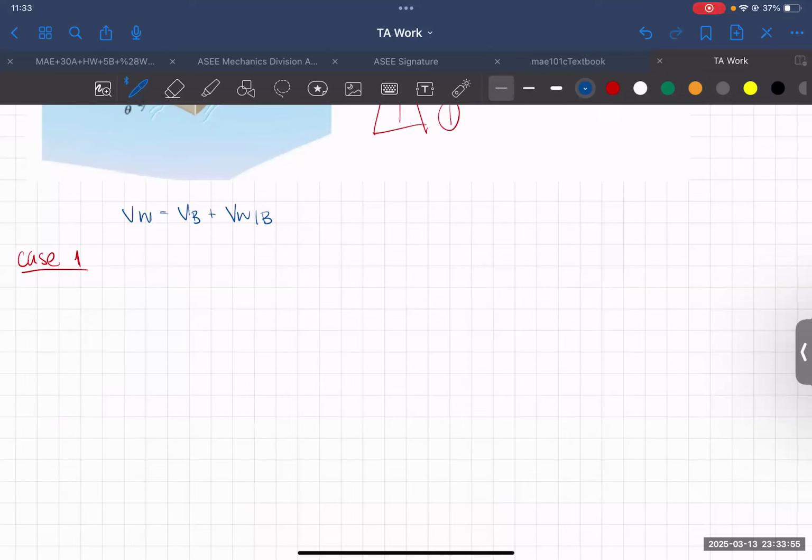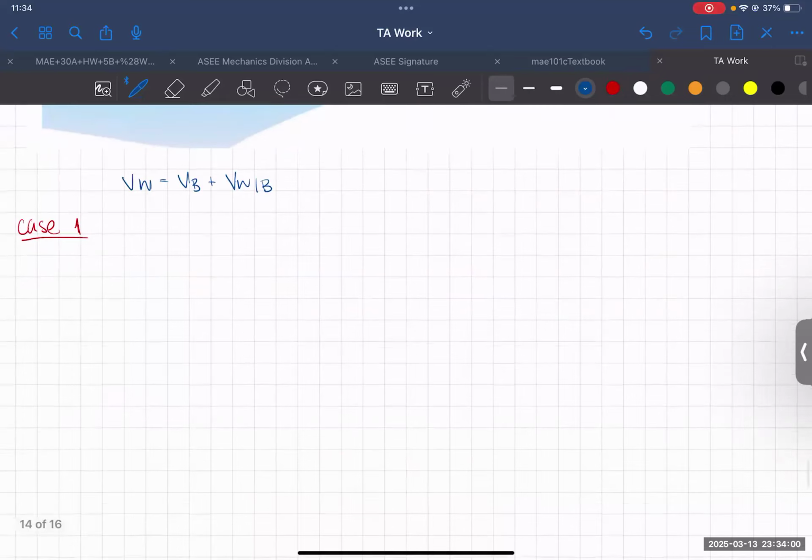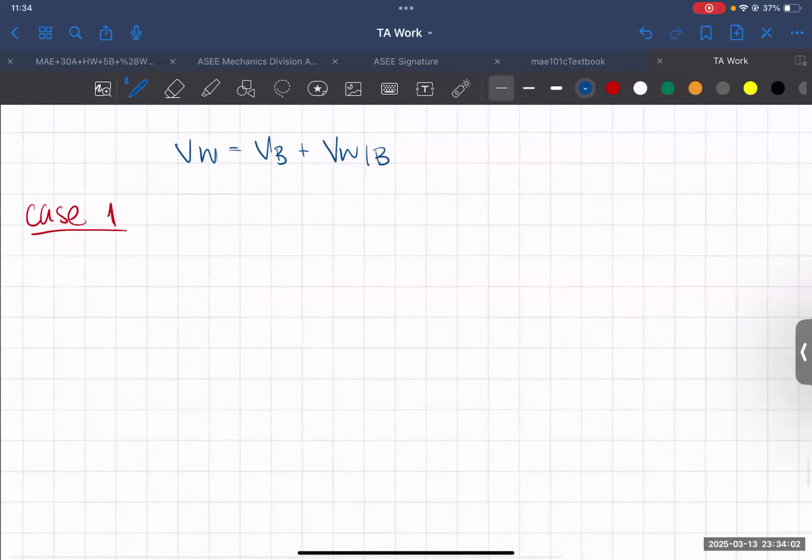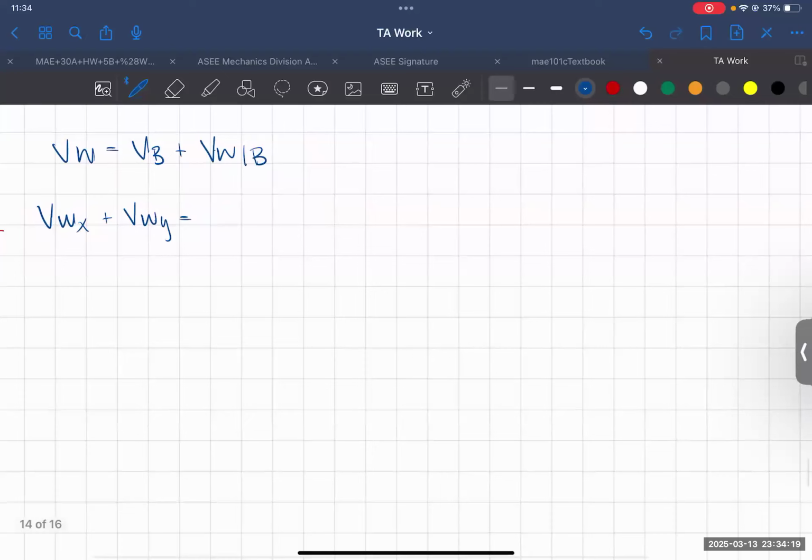We have I and J component for the velocity of the wind. So we have velocity of the wind X component plus velocity wind Y component, and that will equal.